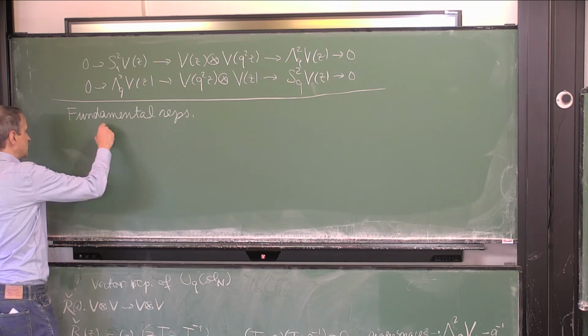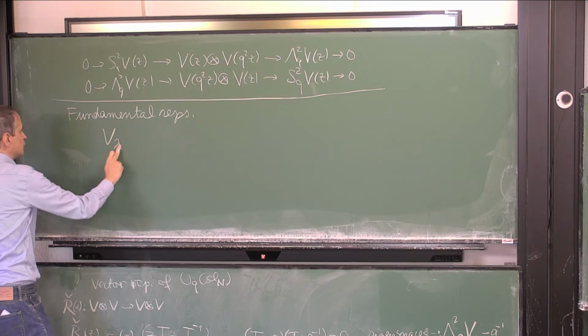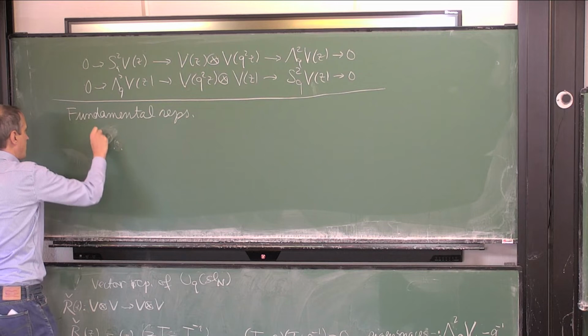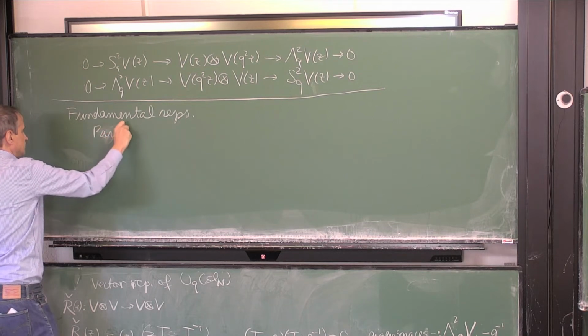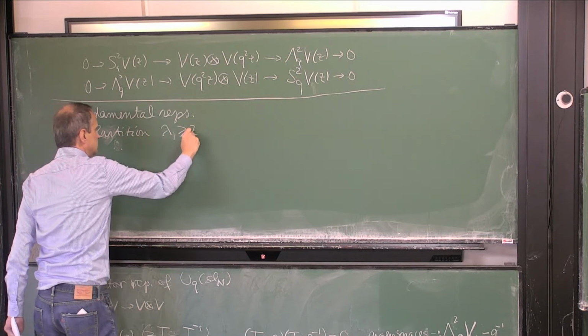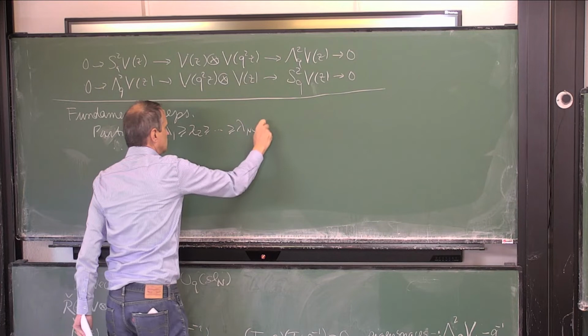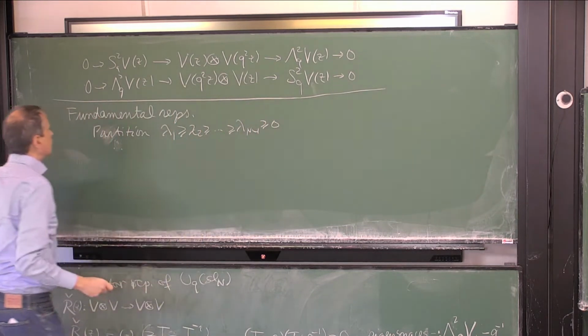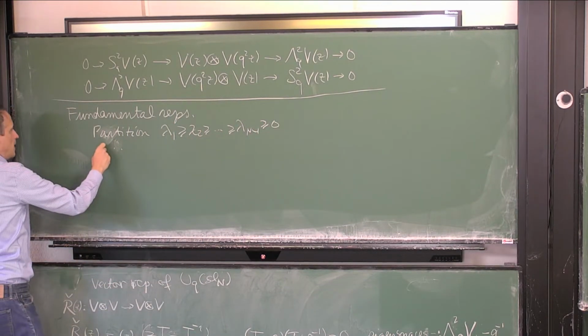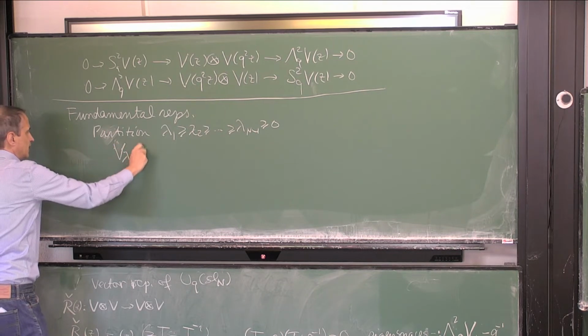So we saw last time that for each partition lambda 1, of integers, we have a representation V lambda, the highest weight.